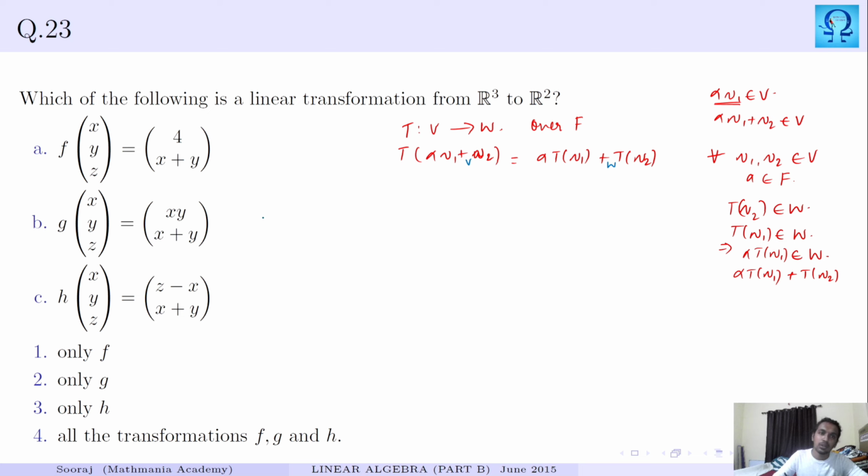Now coming back to the question, you can very well check these things. This is by the definition. One small hint that I am giving you that will be handy when you do these kinds of problems in examination: just see if you have any non-linear terms appearing in the mapping, that cannot be a linear transformation.